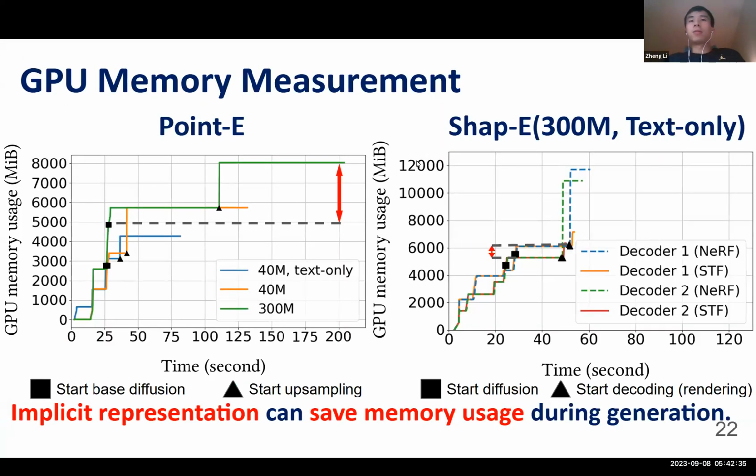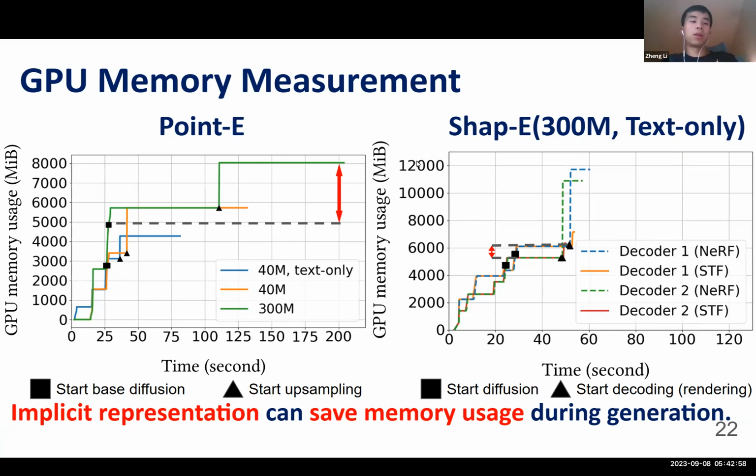For the memory measurement, you can see that the implicit representation can save memory usage during the generation. For Point-E, it is quite obvious that the upsampling process has much greater memory usage than the base diffusion process. The possible reason is that Point-E uses a point cloud as its representation.